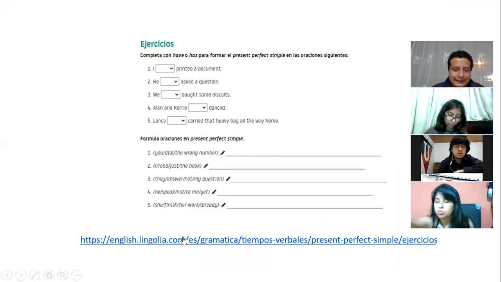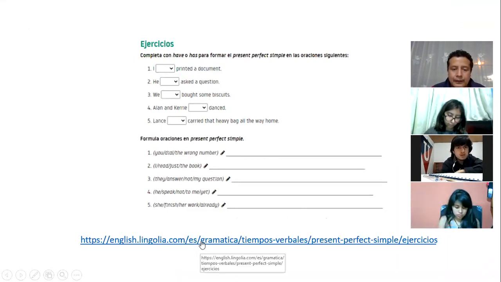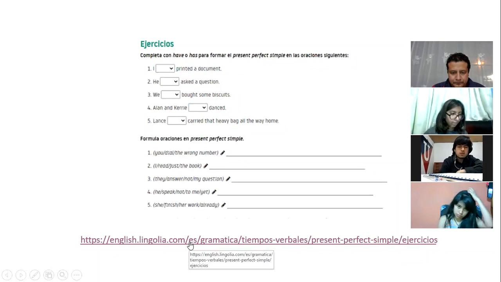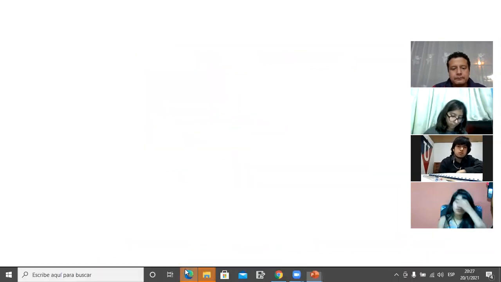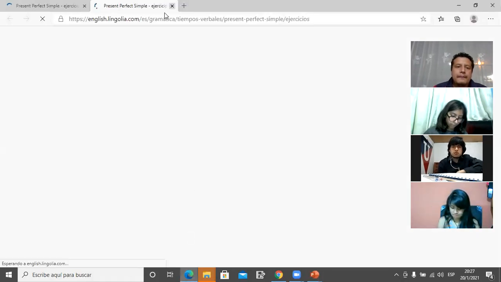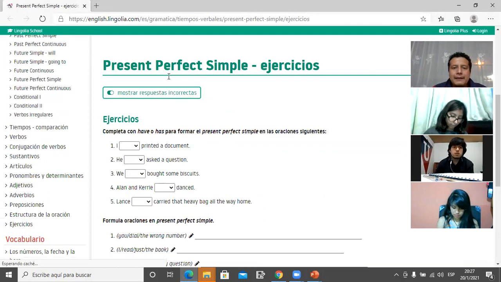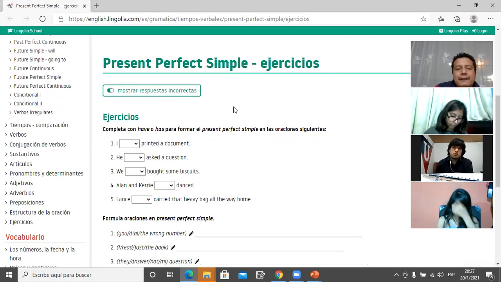Now we have this activity for you. It's a very quick, very short activity. Okay, present perfect simple.